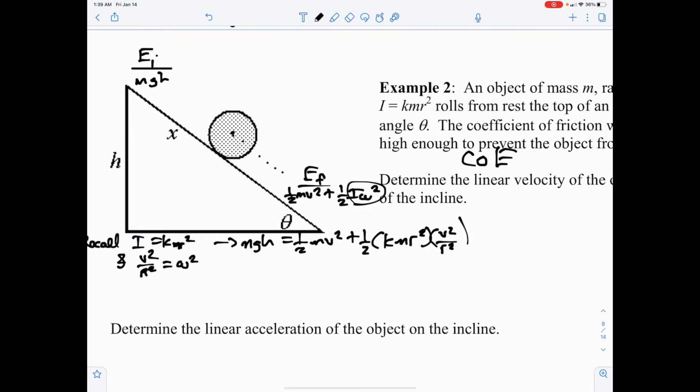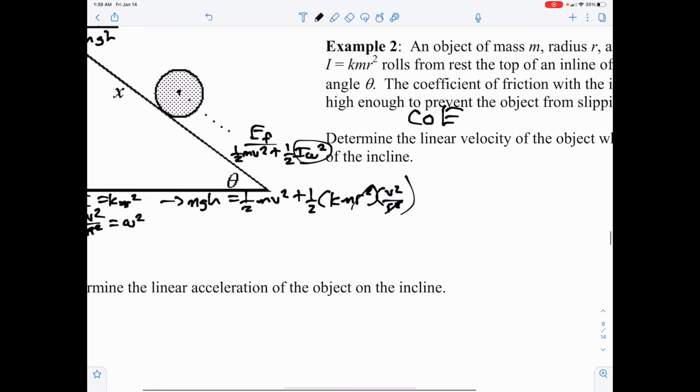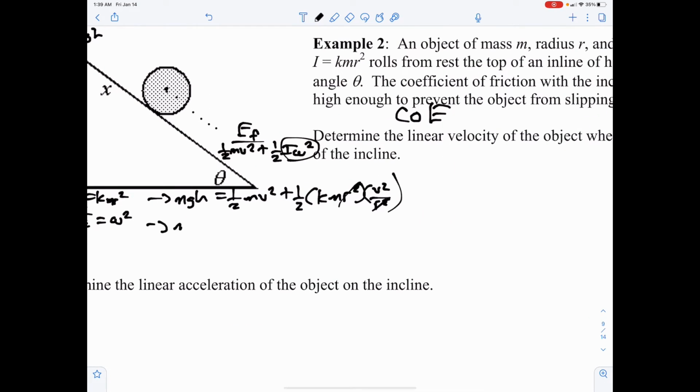Well, the r squared's cancel. We get mgh equals 1/2 mv squared plus 1/2 k mv squared. Well, I can factor out a 1/2 mv squared from both terms.